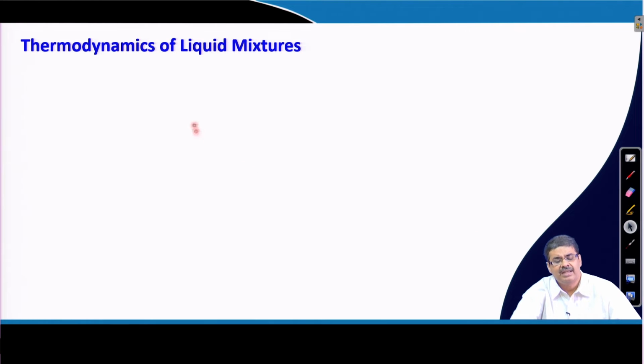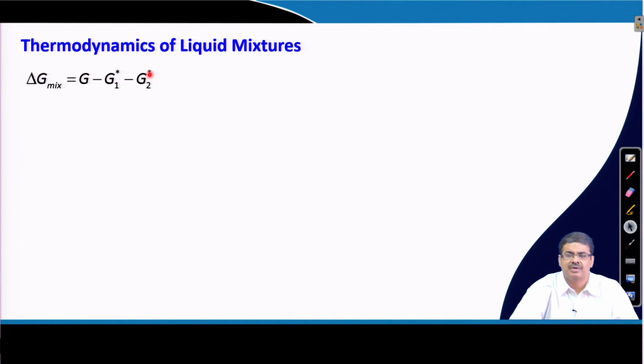Before that, let me revise the thermodynamics of liquid mixtures quickly. Delta G of mixing is given by this expression. G is the Gibbs free energy of the mixture, and these terms are for the pure solvent and pure solute. 2 is generally expressed as solute and 1 is generally utilized for solvent, and this star means we are talking about the pure component.